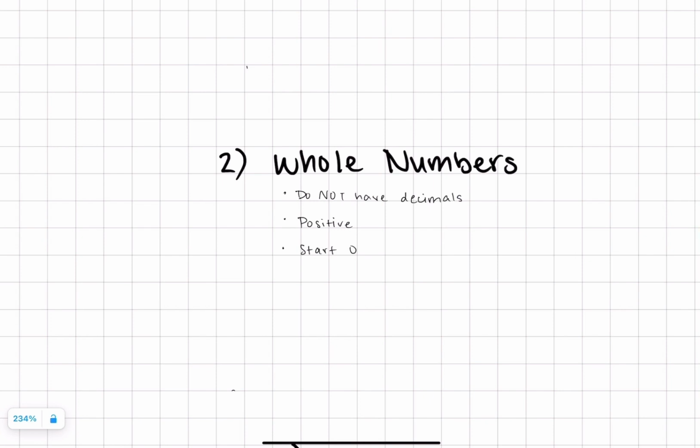So 0 is a whole number. So examples would be 0, 1, 92, 87, 2,341.